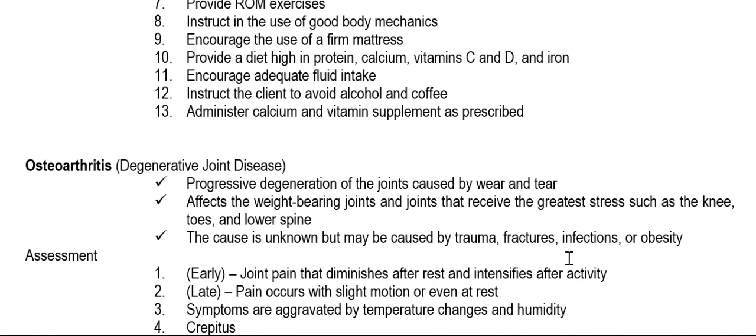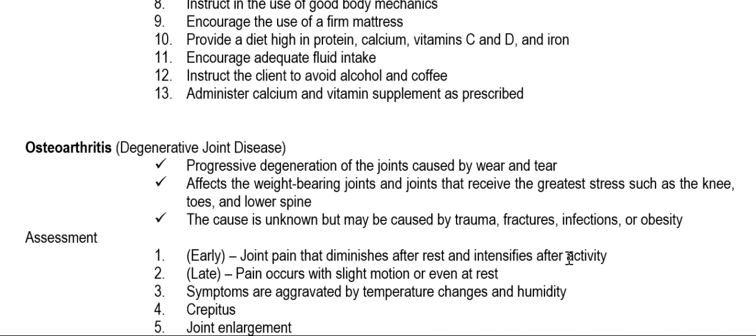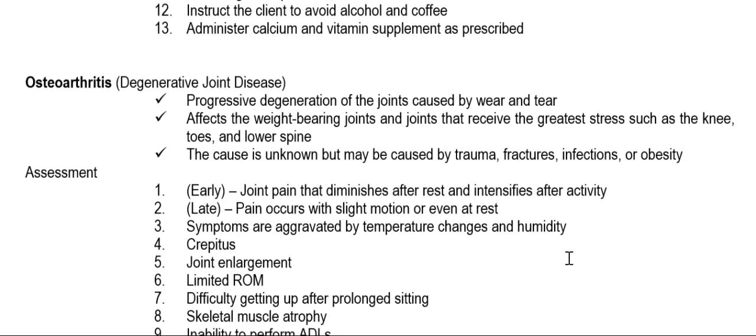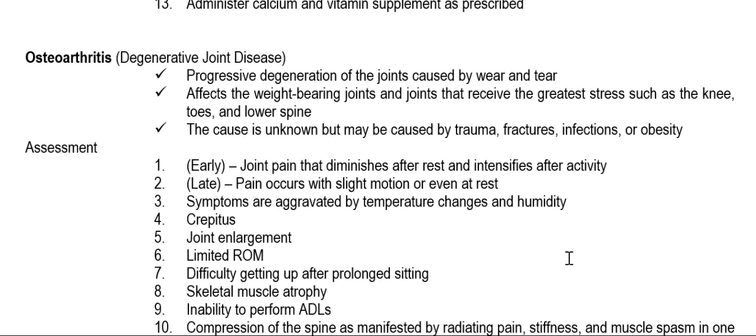The cause is unknown but may be caused by trauma, fractures, infections, and or obesity. Assessment, early: we have joint pain that diminishes after rest and intensifies after activity. And late pain occurs with slight motions or even at rest. Symptoms are aggravated by temperature changes and humidity.